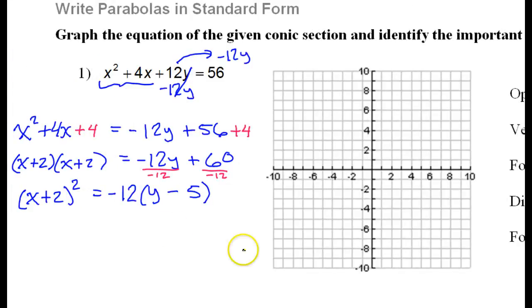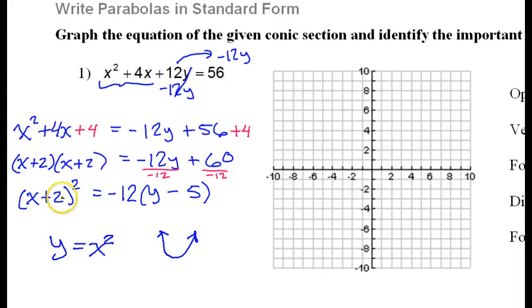Let's start with knowing, does it open up, down, left, or right? Now remember, the first parabola we ever learned was y equals x squared, and we know that was an upward facing parabola. So anytime I see x squared, I know it's going to be either up or down.